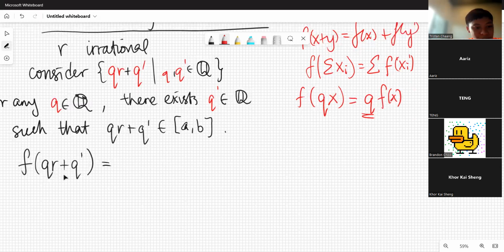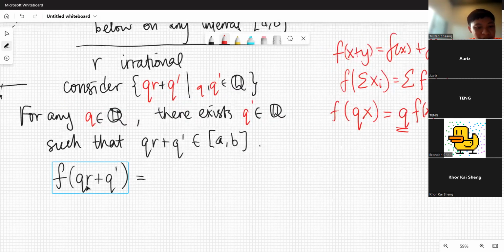So now we have a linear combination of r and 1. So this means this is q times f(r) plus q prime times f(1), which is c.